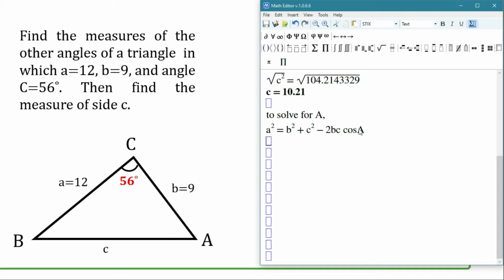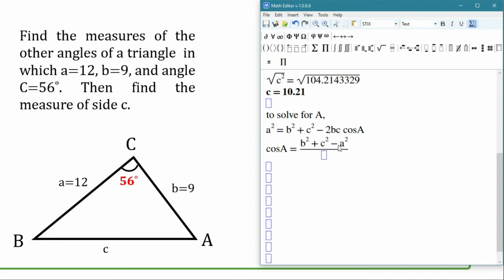So, para matira si cosine A sa kabilang side ng equation, what we're going to do is to transpose first b square plus c square to the other side of the equation, and then we have to divide both sides by negative 2bc. And that will yield cosine of A equals what? That's going to be, kapag tinranspose natin yan, b square plus c square minus a square.